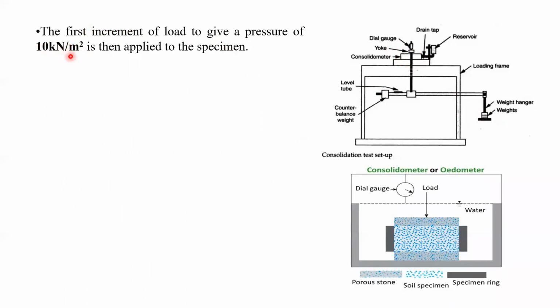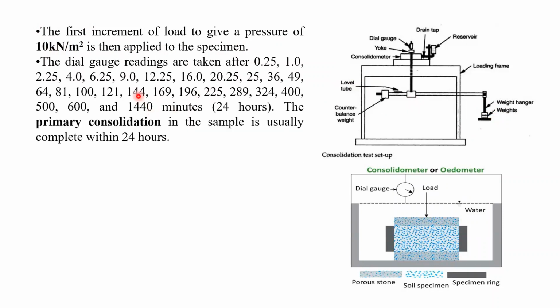In the beginning we have to start with 10 kilonewton per meter square, right? Nowadays the suppliers supply the weights in the form of stress itself, that means 10 kilonewton per meter square. So you can put 10 kilonewton per meter square here.